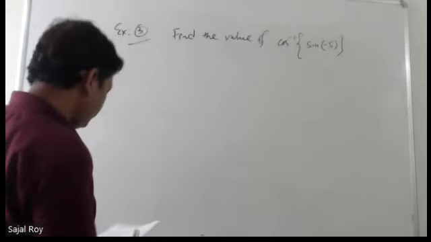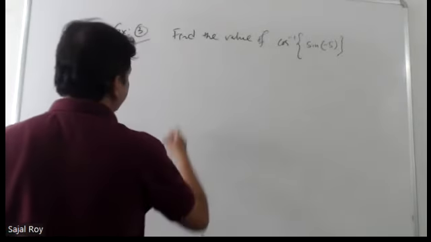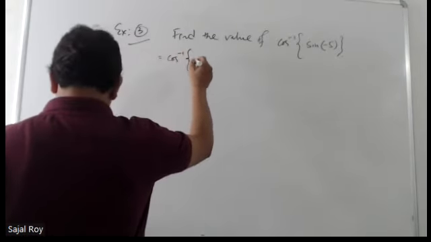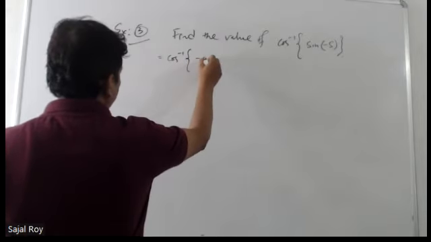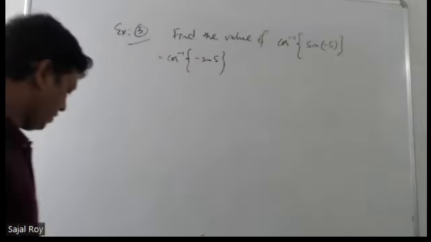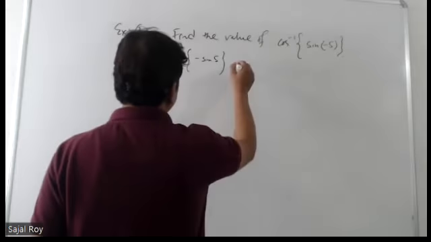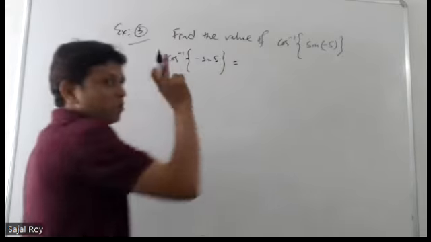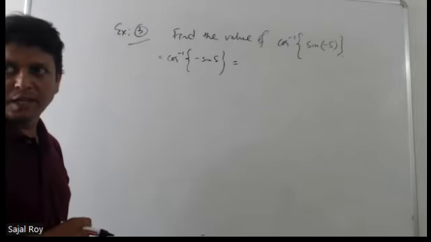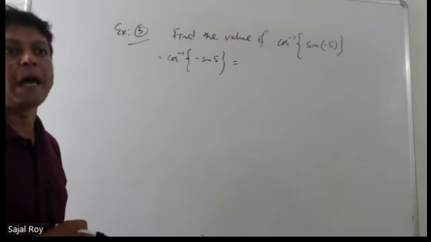So I will write the given expression as minus sine phi, because sine of minus phi is minus sine phi, and you just remember cos inverse of minus x, that is symmetric about the point 0 comma pi.